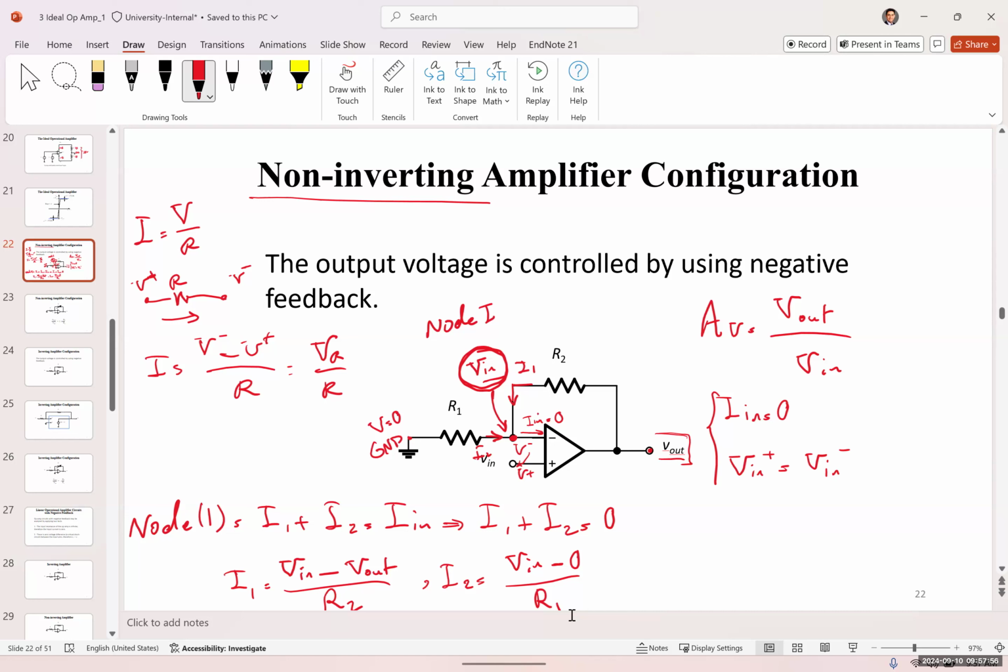Now let's put these two in that equation, I1 plus I2. So Vn minus V out over R2 plus Vn minus 0 over R1 is equal to 0. Am I correct? Yes.